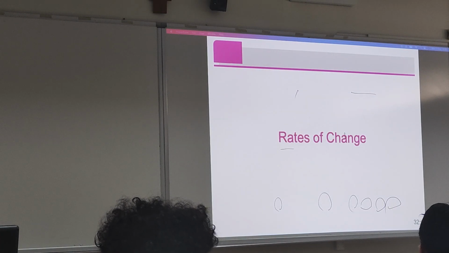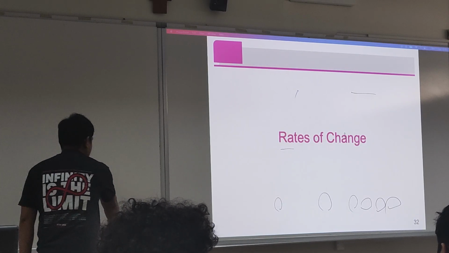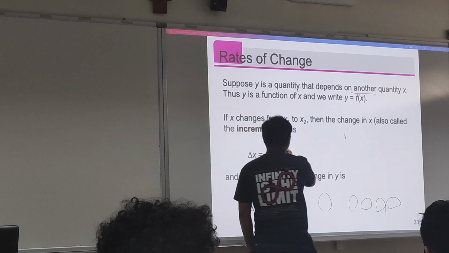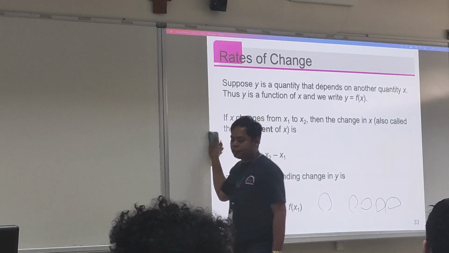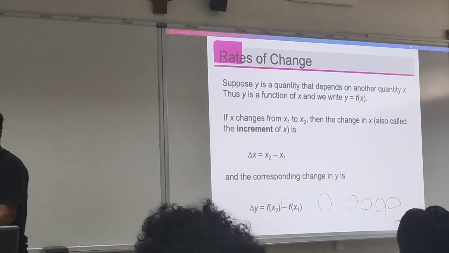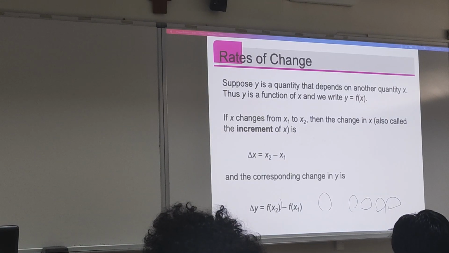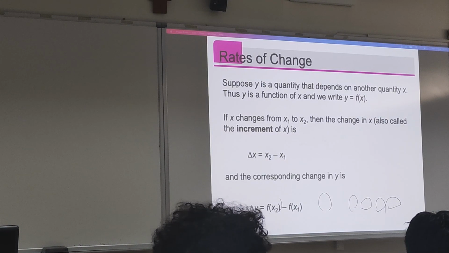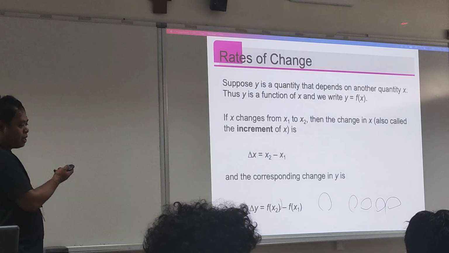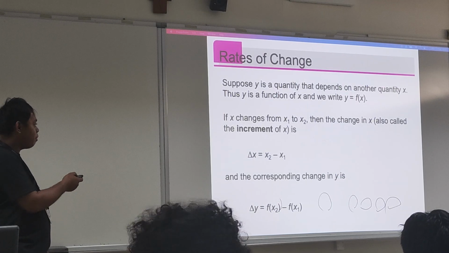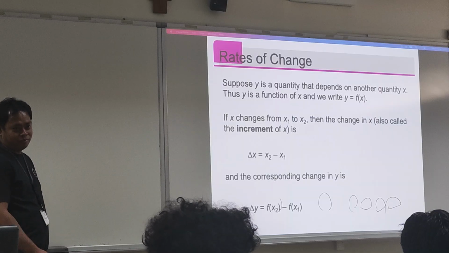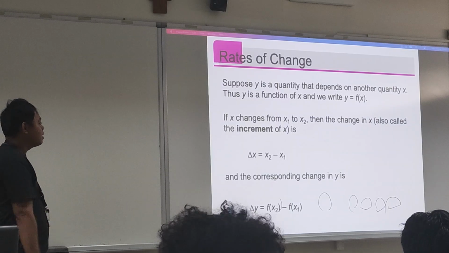Okay, now let's proceed to rates of change. So this is the rate of change, delta y over delta x. Suppose y is a quantity that depends on another quantity x. Thus y is a function of x, and we write it as y equals f of x, that is just your y.